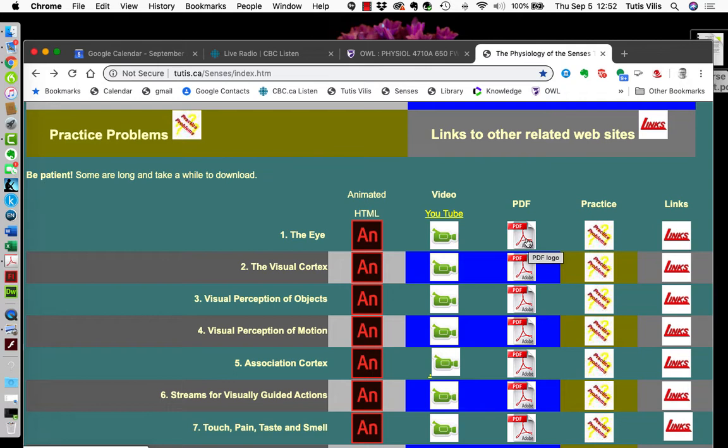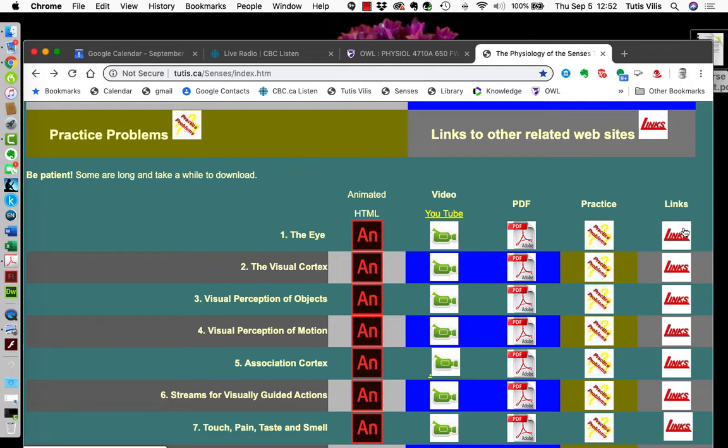For exam purposes, I concentrate on the PDF and the practice problems. So here are all the practice problems. These dozen practice problems which you should solve before coming to the tutorial. And then here is all kinds of neat stuff that I found related to that day's class.